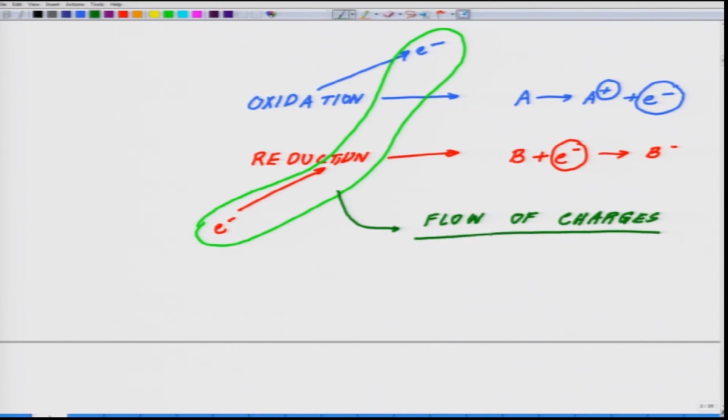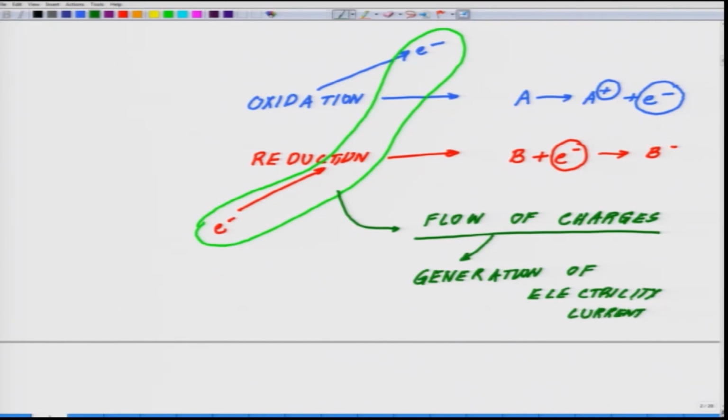So, in other words, this oxidation and reduction leads to flow of charges, which leads to generation of current, generation of electricity, or current electricity.